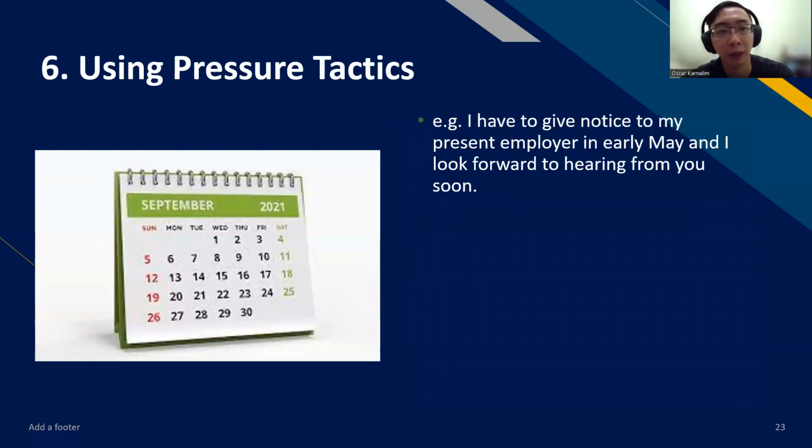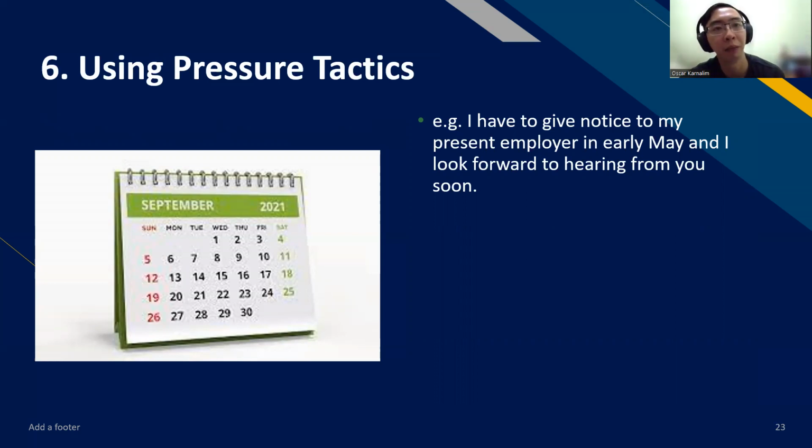And if possible, you can also use pressure tactics. So in here, basically you want to give an implicit deadline, but you don't want to say that explicitly because it is not really polite. So you can just say that, if I want to move to your company, then I have to give notice to my present employer in early May. And you can say, I look forward to hearing from you soon.